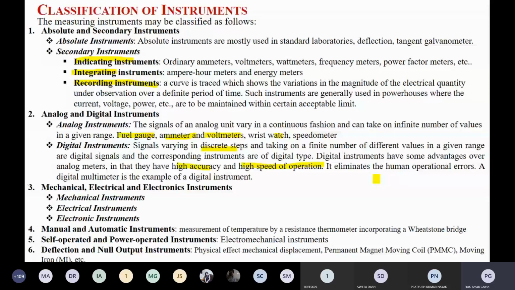So you connect a 150 volt range voltmeter, and maybe you are measuring 160 volts. The pointer of the voltmeter exceeds the scale range, so you understand it is beyond the range. You have to change that voltmeter and go for the 300 volt range.